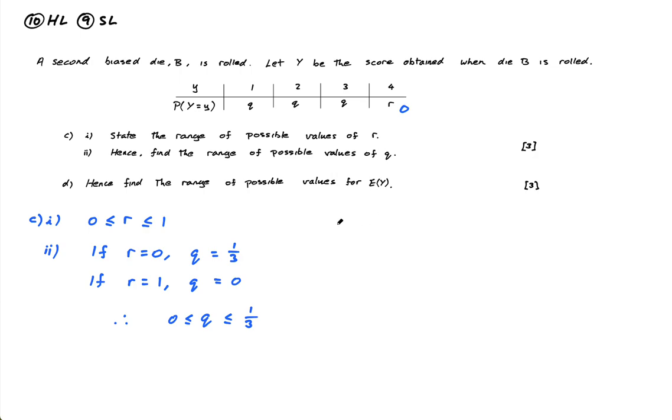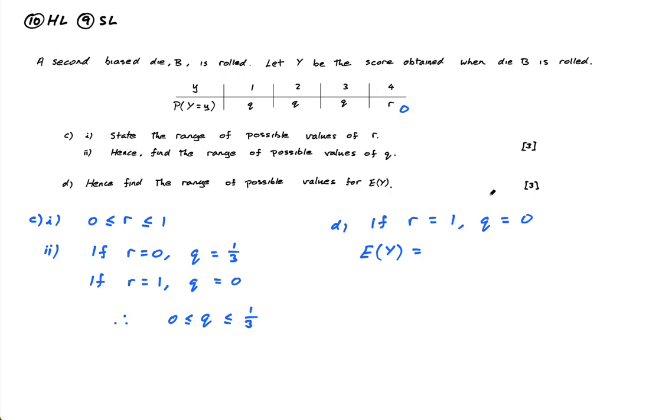Okay, part D. Hence, find the range of possible values of the expected value of Y. Okay, so again, let's go back to this. Let's say if R equals 1, Q equals 0, the expected value of Y is then this times this plus this times this plus this times this plus this times this.